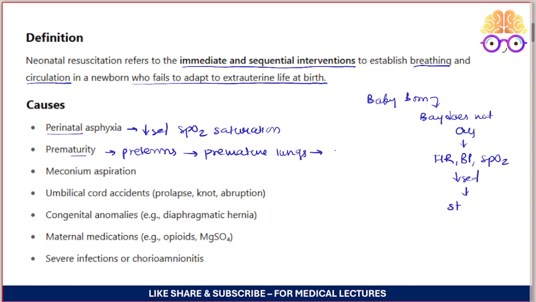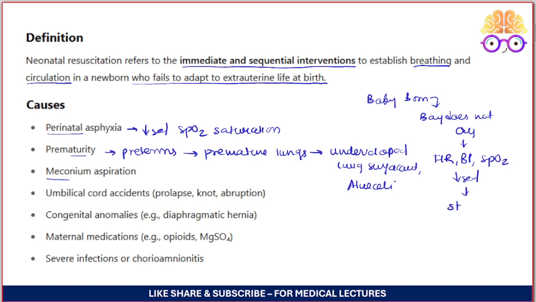Directly we can say that underdeveloped lung surfactant and alveoli will lead to a decreased amount of SpO2 saturation.